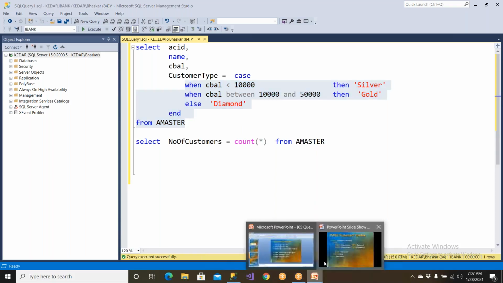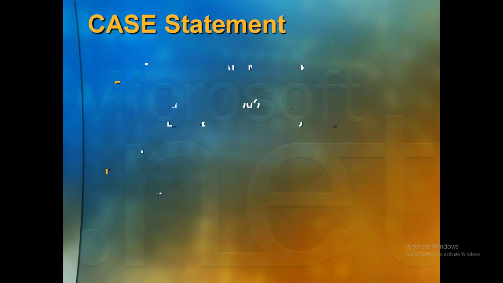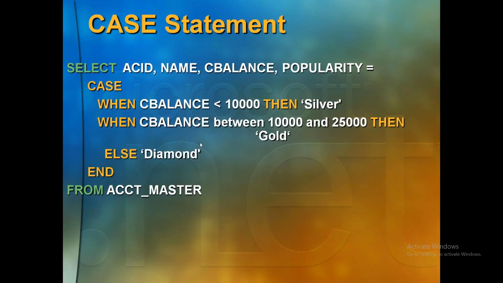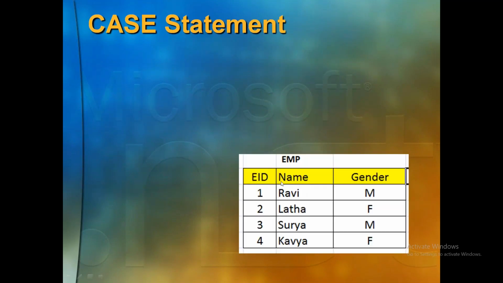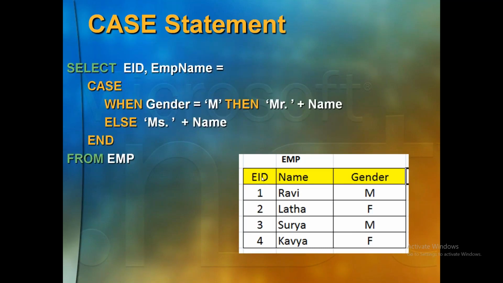Now let me give you some more examples. This is the example we discussed. Now I have a table like one: Ravi, Lata, Surya, Kavya, male, female, male, and female. I wanted to give employee ID and employee name, which is equivalent to case when gender equals M, then the name must be prefixed with Mr. So Mr. Ravi, else it has to be prefixed with Miss.